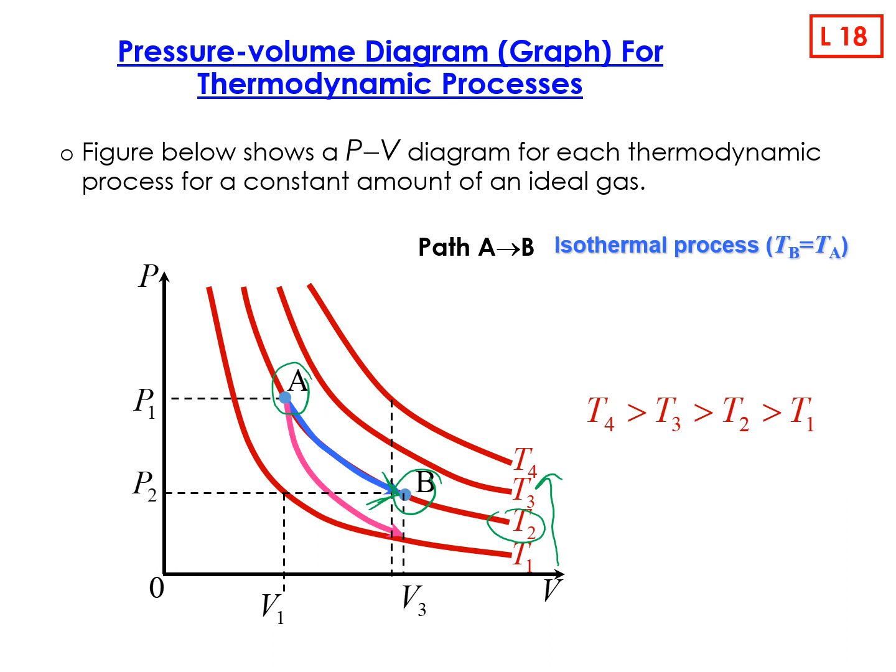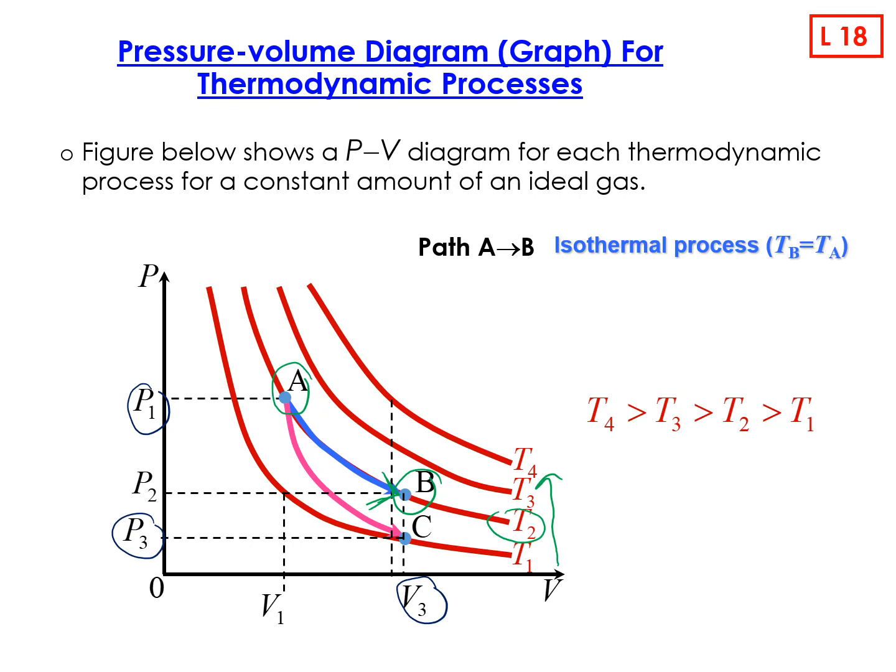Next, look at the pink curve here from A to C. Point C is at P3 and V3. The arrow is from A to C. Here we can see that the pressure at A is P1 but the pressure at C is P3, so the pressure is changing.